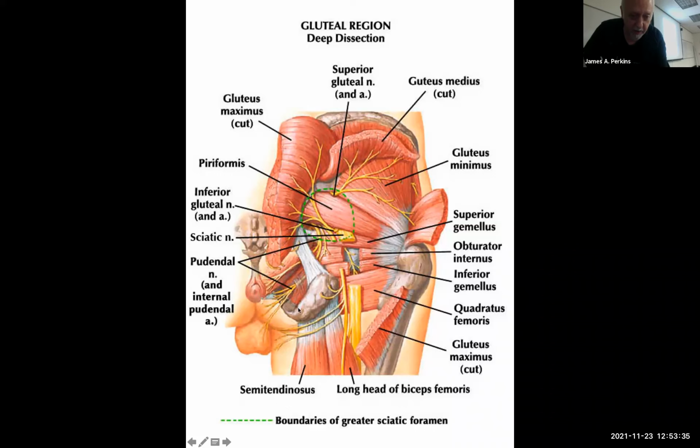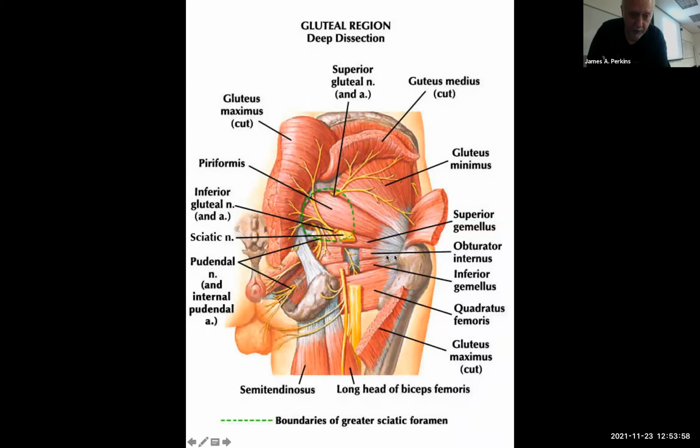Remember that the obturator foramen of the pelvis is filled in with a membrane, and there's a muscle originating from the outside of that membrane called obturator externus, which is in the medial compartment of the thigh. And then this muscle is called obturator internus, originating from the inner surface of the obturator membrane. So that's where the muscle belly is for obturator internus. By the time the muscle gets up here into the gluteal region, it's just tendon.